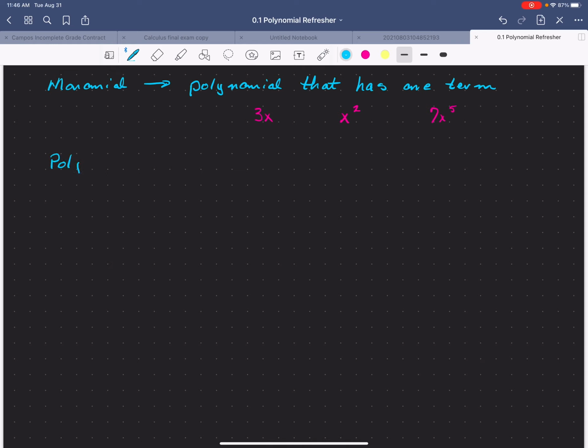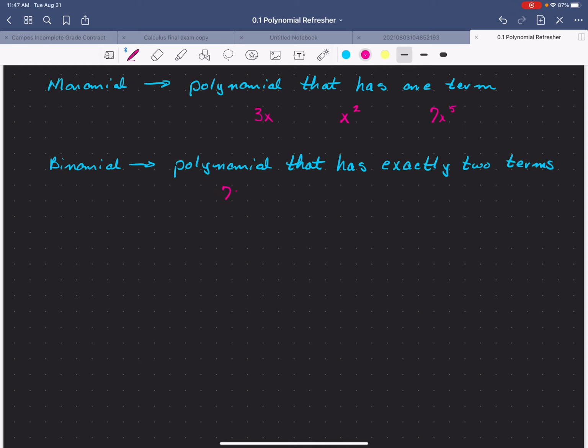A binomial is a polynomial that has exactly 2 terms.